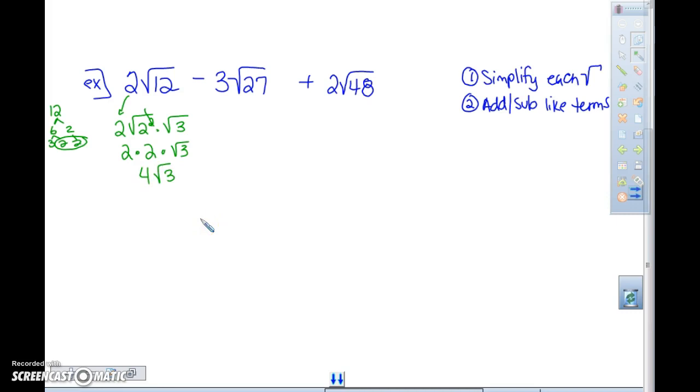Then we're going to do the one in the middle. I'm going to bring down this minus 3. It's just going to keep getting brought down until the end. We're going to break 27 down. 27, 2 numbers that give me 27: 9 times 3.